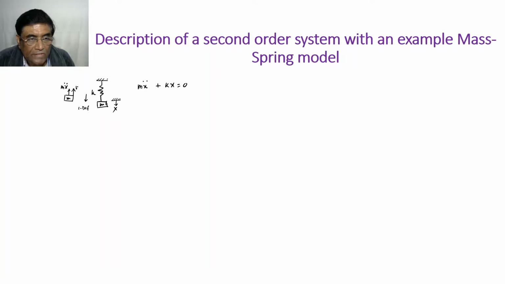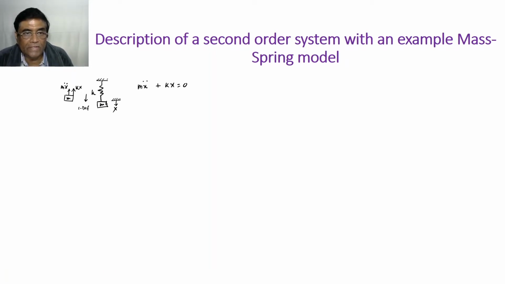So this is simply the spring force, this is the inertial force, and the system is in a virtual static equilibrium condition, and we have ignored g because g has no role to play except shifting the mean position of equilibrium. That we have observed in my earlier lecture.